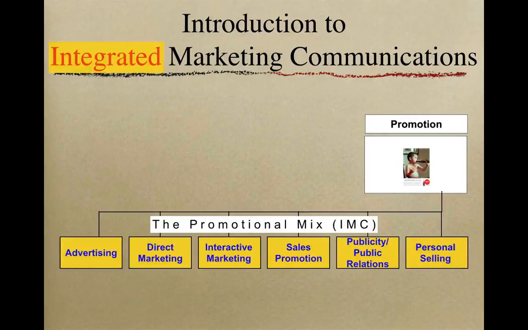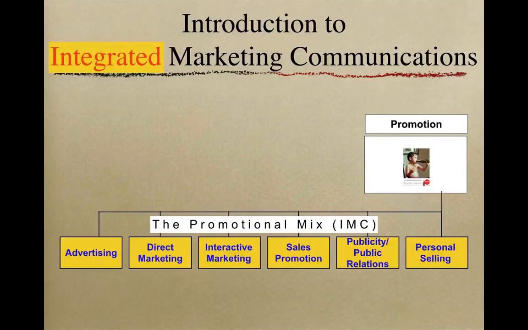Second, I want to stress the integrated in integrated marketing communications. An IMC, or integrated marketing communications campaign, is designed to coordinate and integrate the tasks that are being developed by different groups within the marketing department. These different groups are the 6 little yellow boxes.